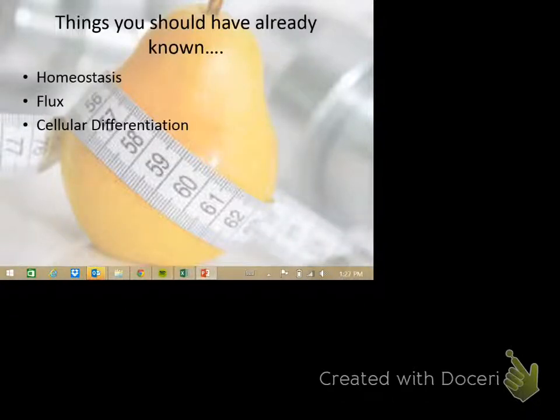Okay, so there are certain things that you should have known already from biology classes, cell biology and things like that. There's homeostasis, flux, and cellular differentiation. So what is homeostasis? Right, it's maintaining a sort of biological equilibrium. Versus flux. Things are not in balance. Well, it actually has to do really just with the movement, right? Movement from one process to another process. And then cellular differentiation.